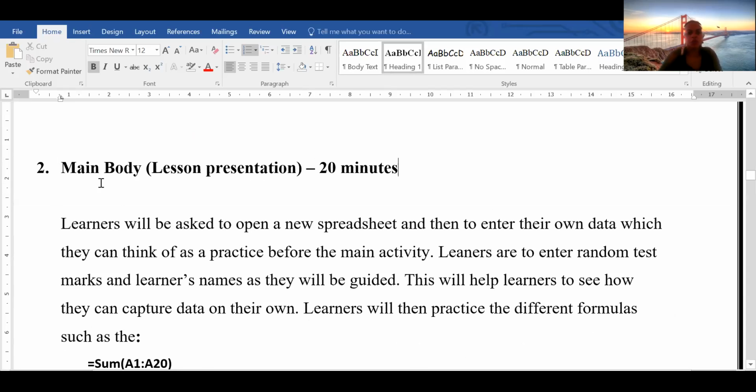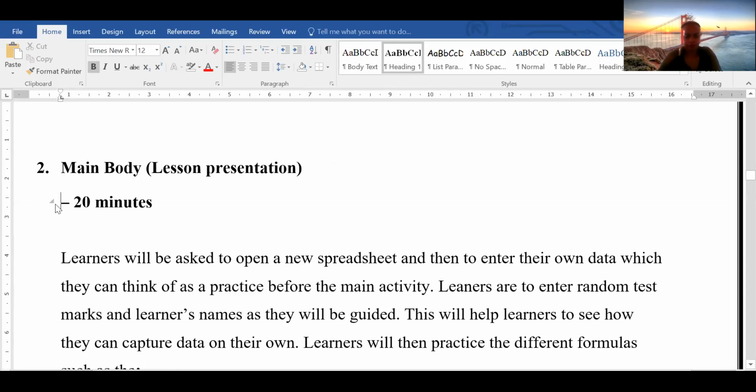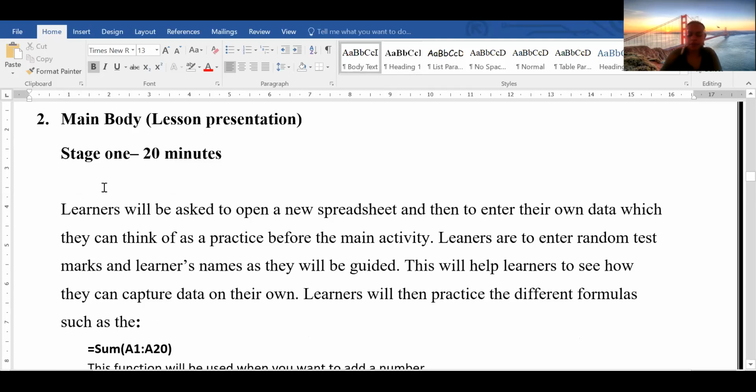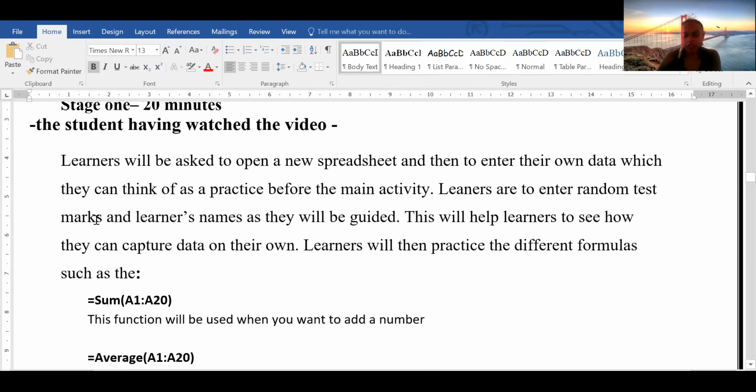And then I call it stage 1, whereby the students, having watched the video, have a basic understanding. Now depending on whether the students are going to be behaviorism or instructivism, here the learners have been asked to open a spreadsheet.